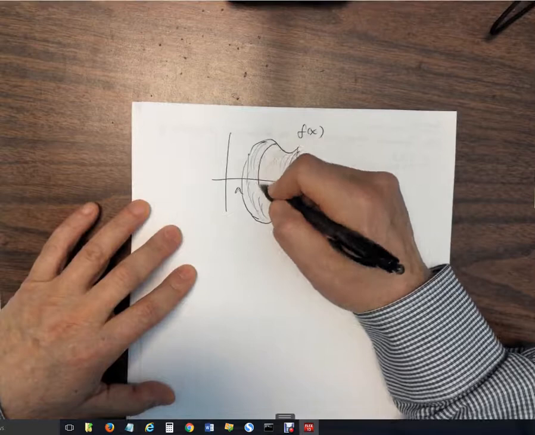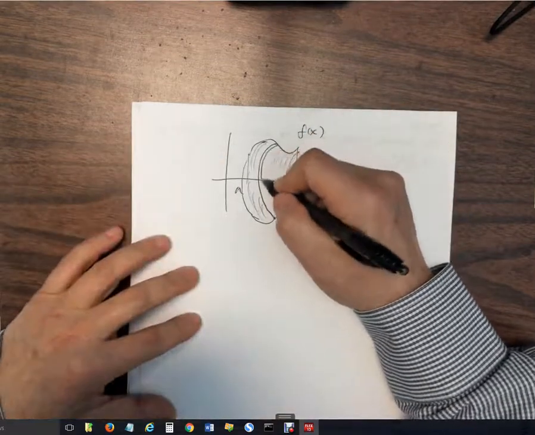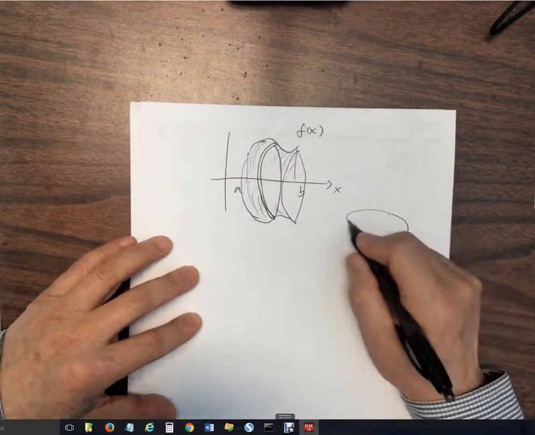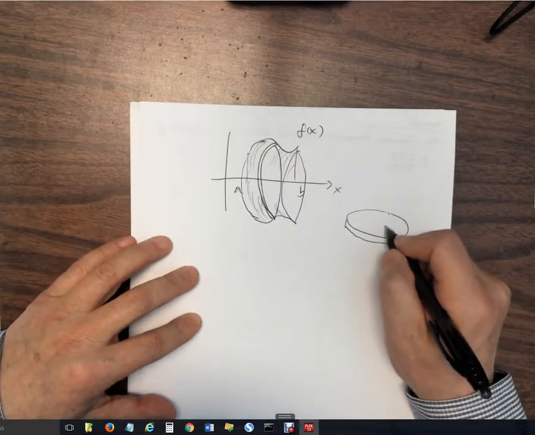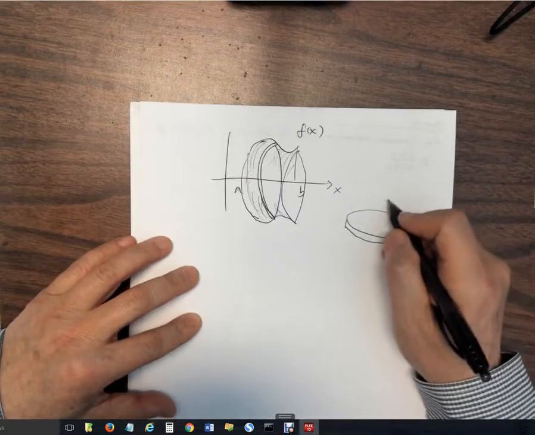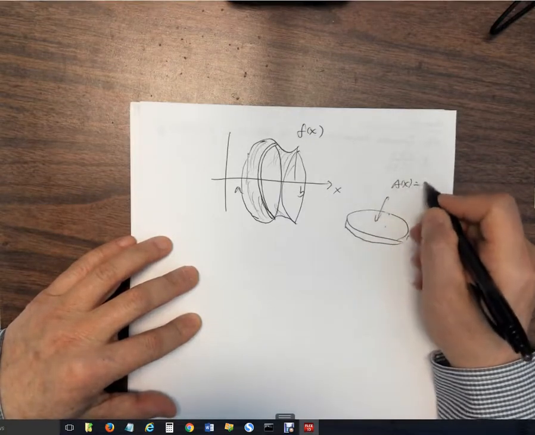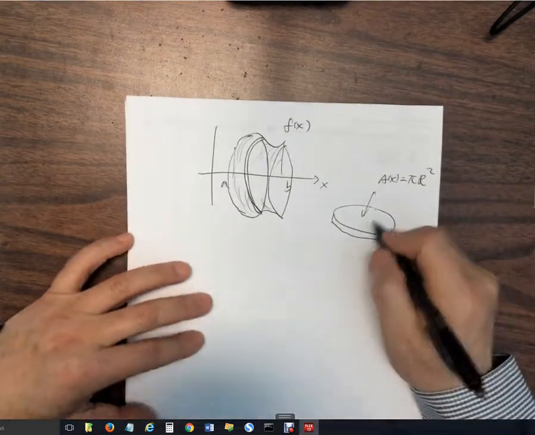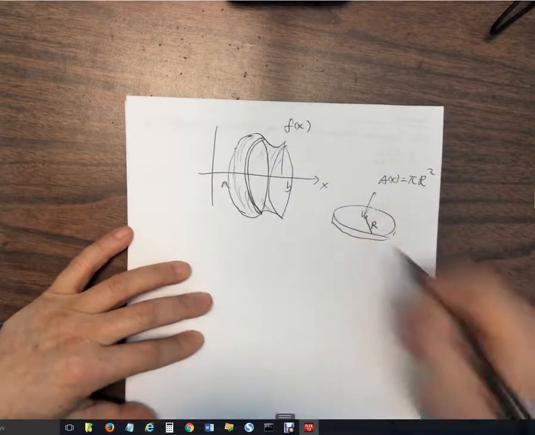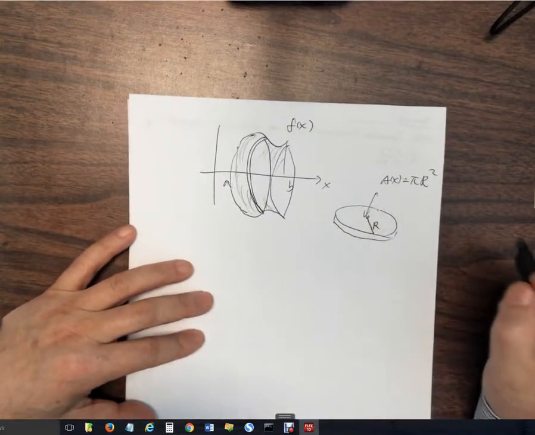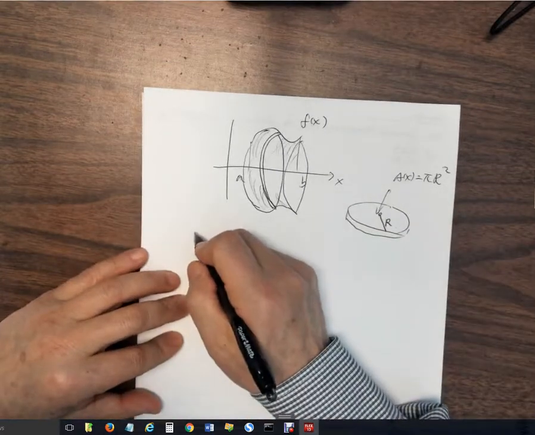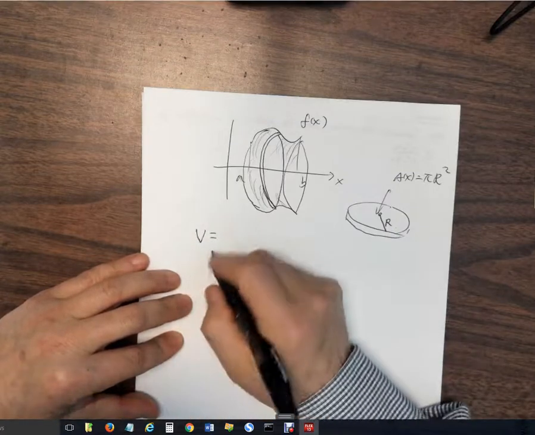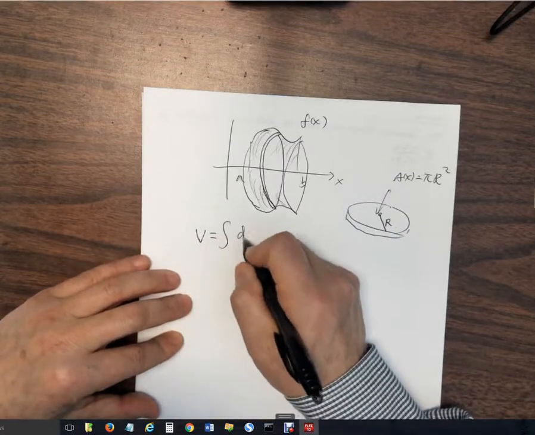Let's see. Again, we take a slice, a thin piece. Place it here. Now this time, it's a perfect circle. So A of x would be pi r squared, where r is the radius of this circle. Then our total volume would be the sum of all these dV's.